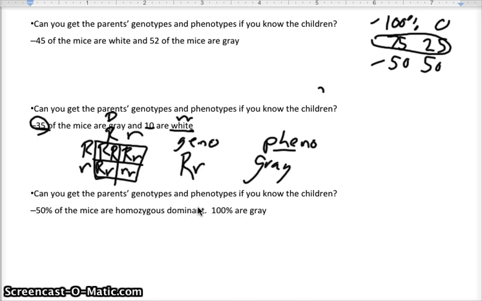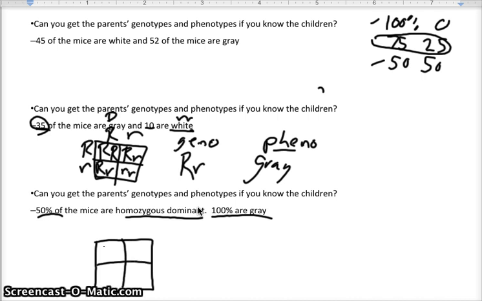All right, and now 50% of the mice are homozygous dominant, 100% are gray. So now we're assuming that, again, gray is dominant. 100% are gray. Well, let's start with the 50% are homozygous dominant.